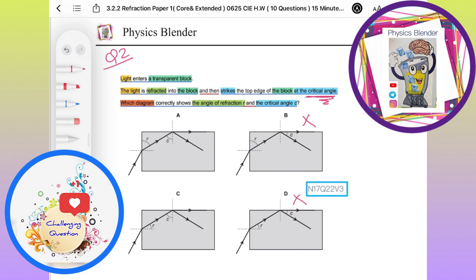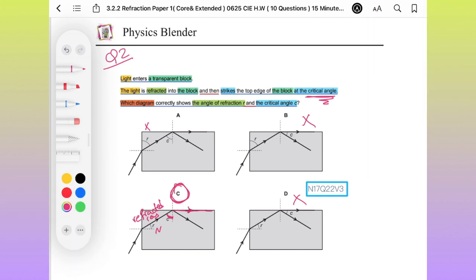It's the angle between normal and the refracted ray. So R here is correct, R here is not correct. And in C, the critical angle, the ray will emerge at the boundary, and C is the critical angle, which is the angle of incidence in this case. Is it clear? So the answer is C. That's why we are choosing C.